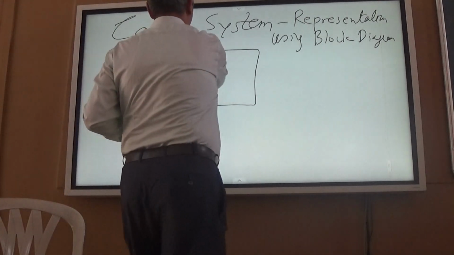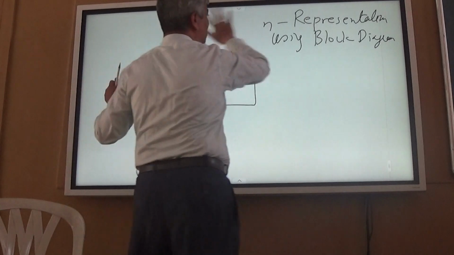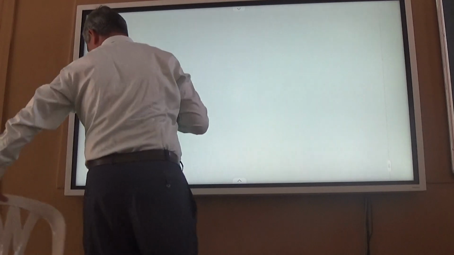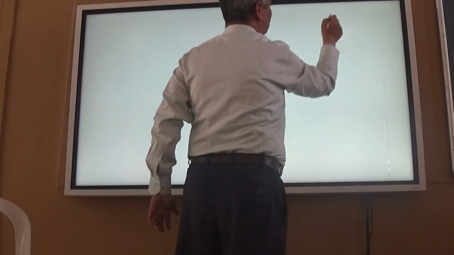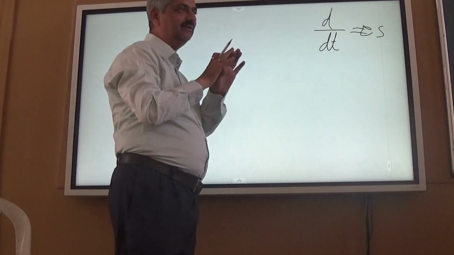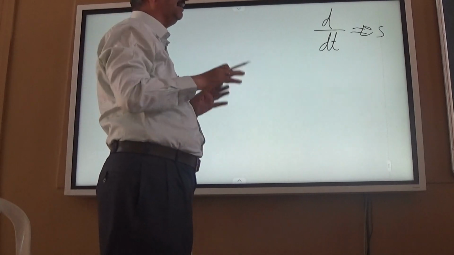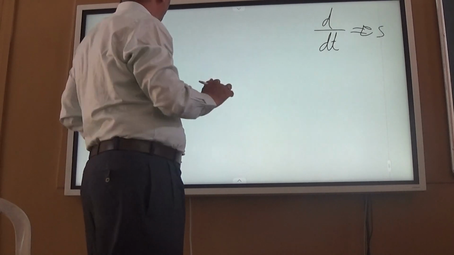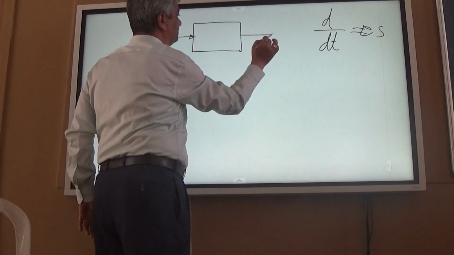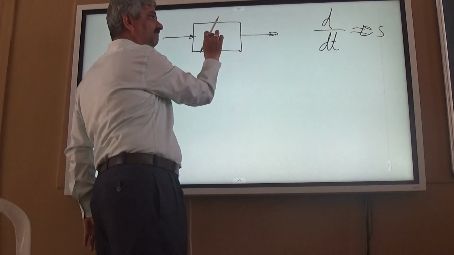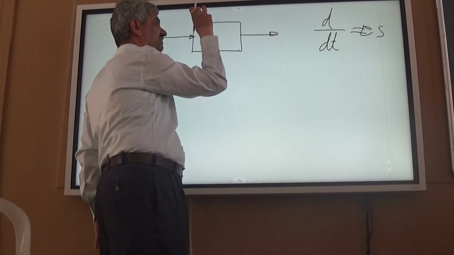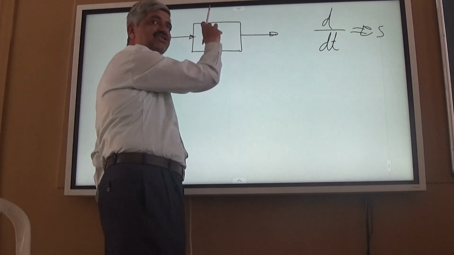So we will go with various systems, and then the transfer function is very simple, wherein the derivative d by dt is represented by s. So you should be able to find out the transfer function, and once we are able to represent a block wherein there is an input, there is a system and there is an output, the system, that is the block, is represented by a mathematical formulation, that is the transfer function H(s).